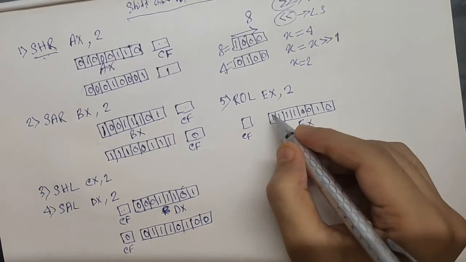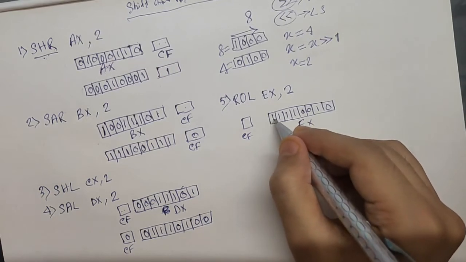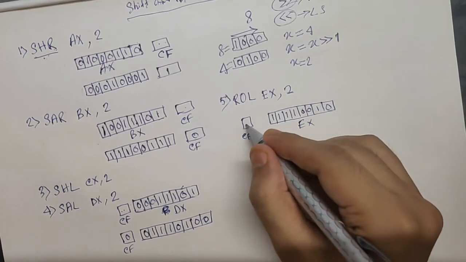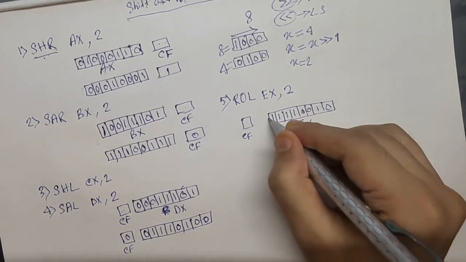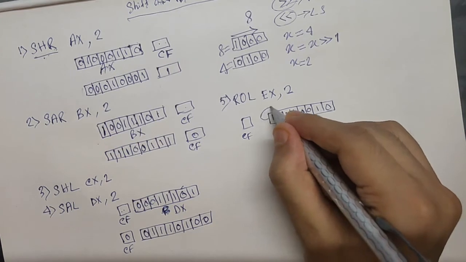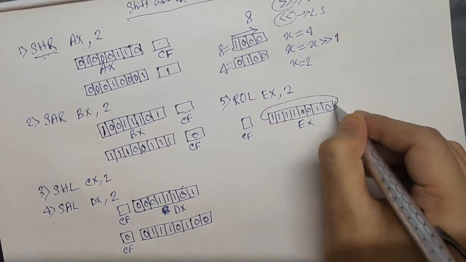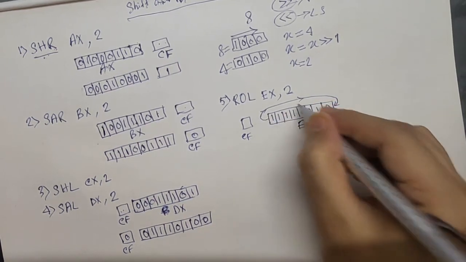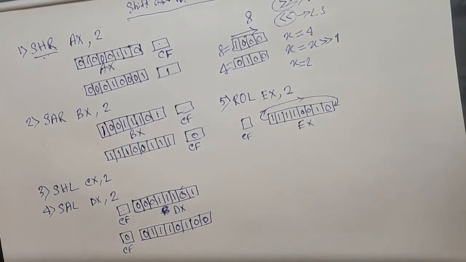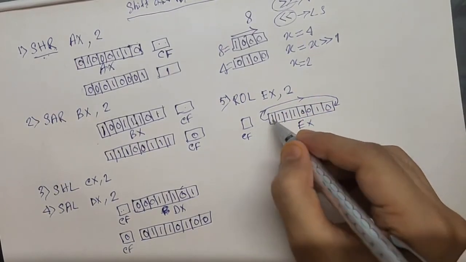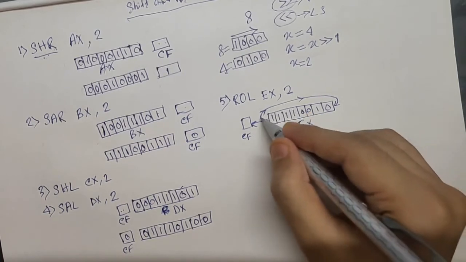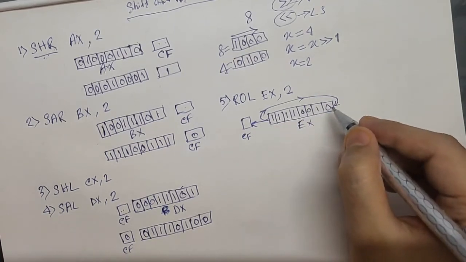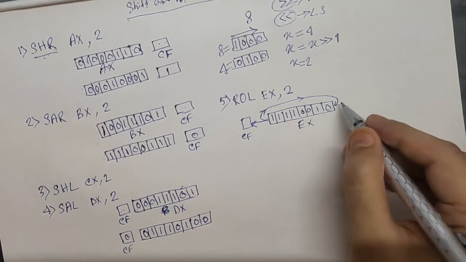At first this one will come here, and this one will also go here, because the rotate operation will be like this. This one will come here, and eventually it will also go to the left end, because we are not discarding any bit here.